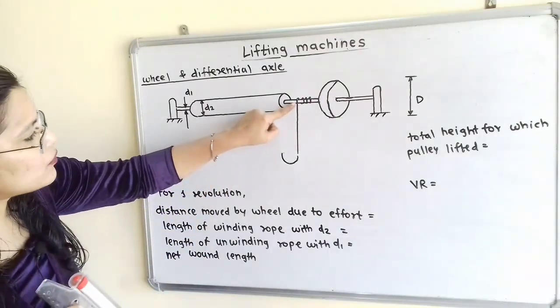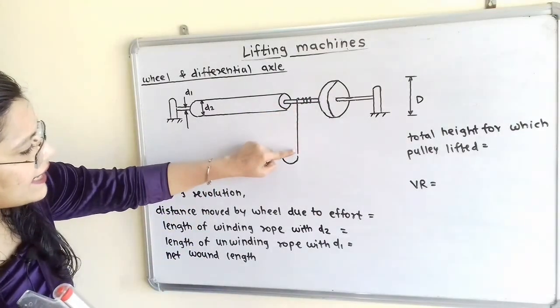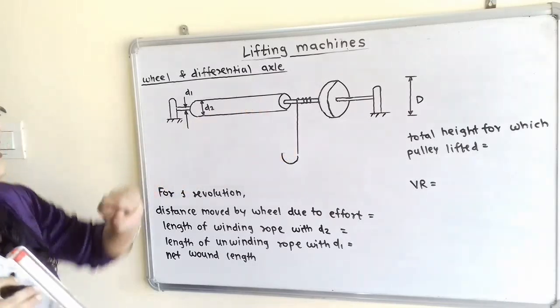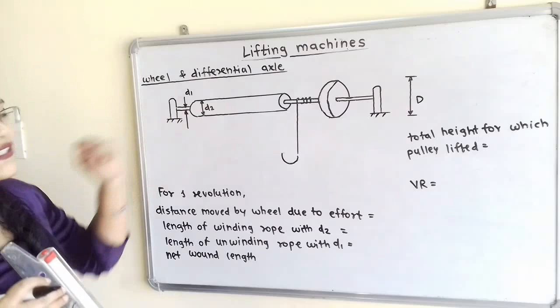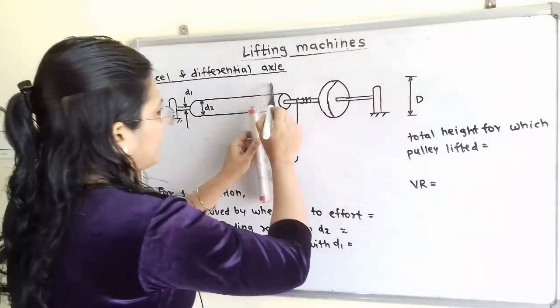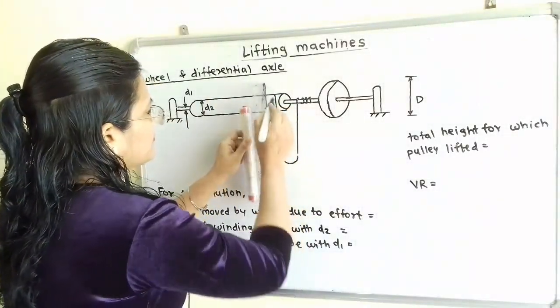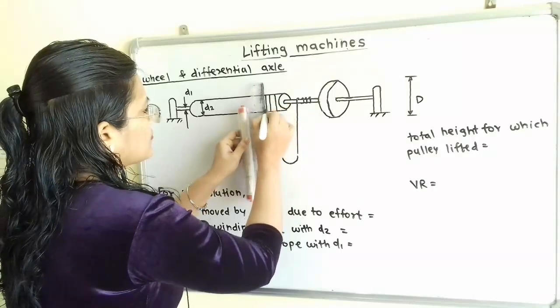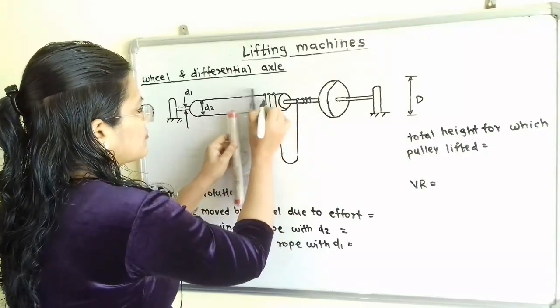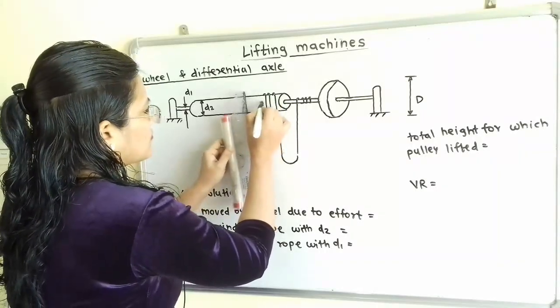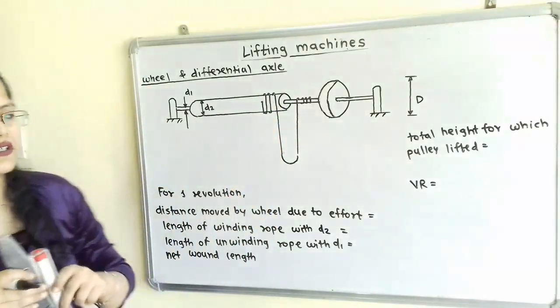Now we have to take the other end, so that it forms a loop, and then we have to connect the other end to the axle with diameter d2. So I will show this. Here is the other end.